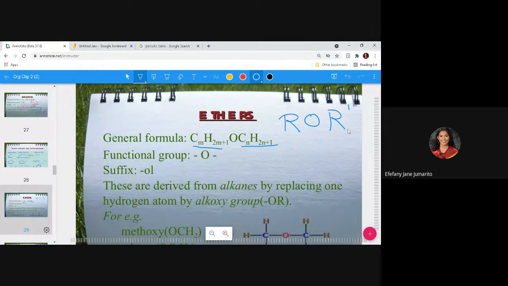R prime means that this R is not the same as this. So if we have this name, CH3, CH2, CH2, then OCH3.